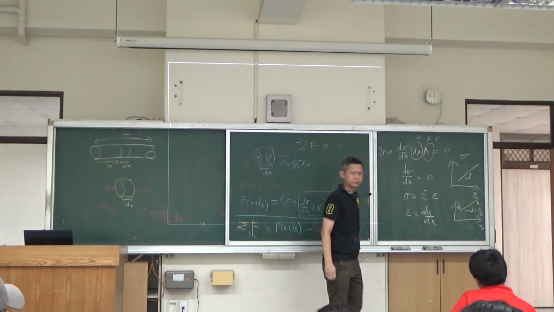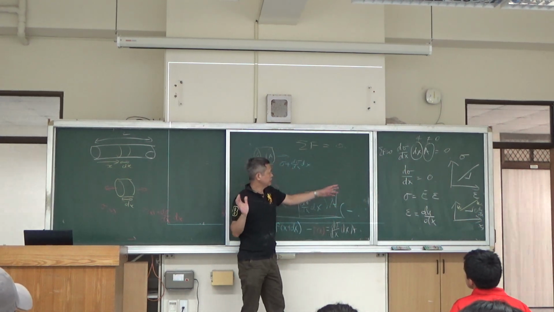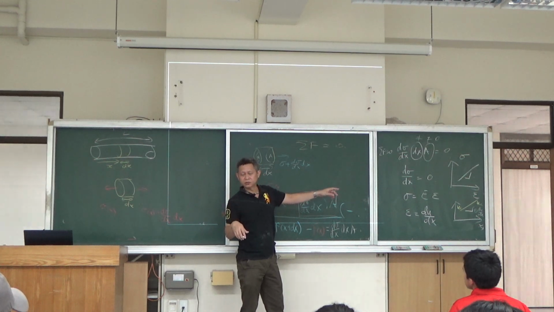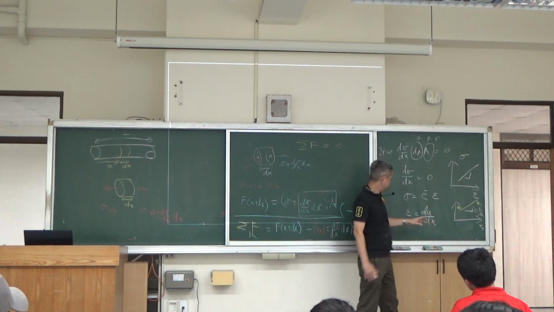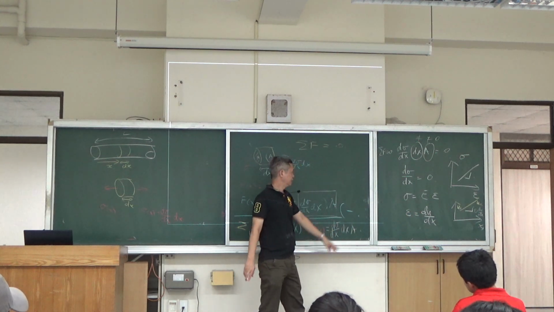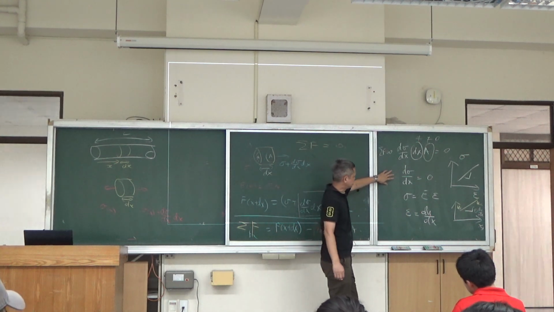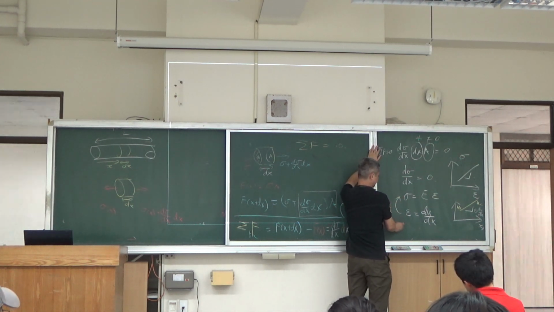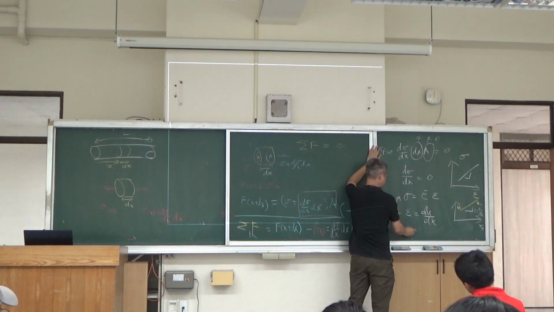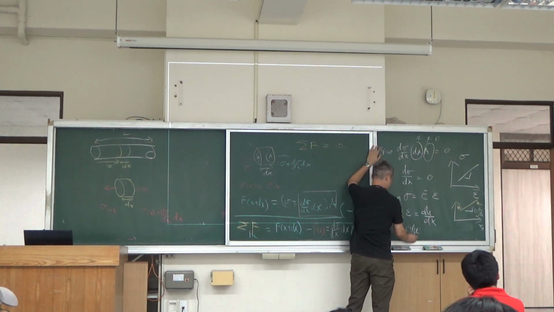Okay. So you don't need to memorize any formula. So you can draw a drawing. Okay. Then you have the formula. And then next, let's come to this. If you substitute these in here, you have your sigma equal to E du dx.